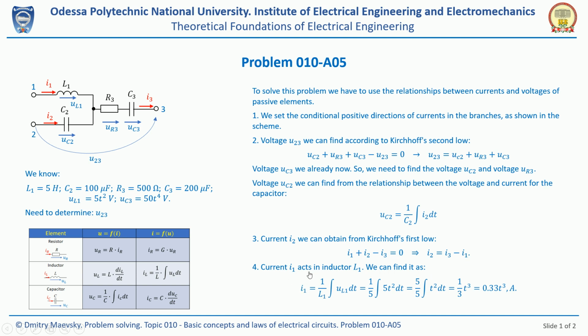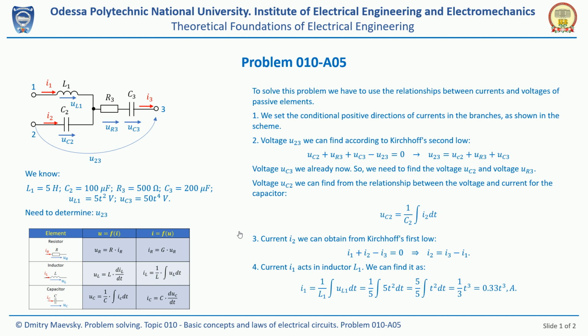Current I1 acts in inductor L1, and we already know the voltage of this inductor. So we can use the relationship between voltage and current of an inductor. We know voltage, and we need to obtain current. We can write this formula in our case as 1 over L1 multiplied by the integral of UL1 dt.